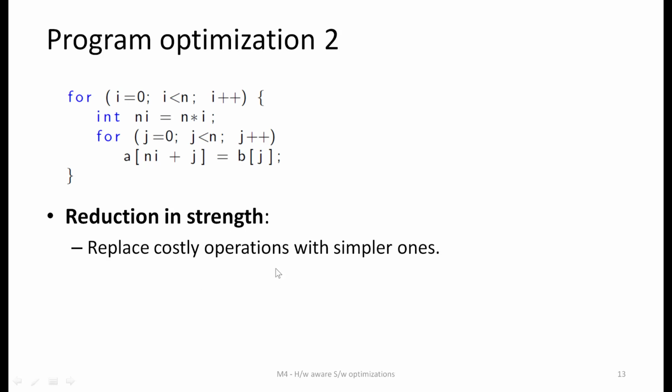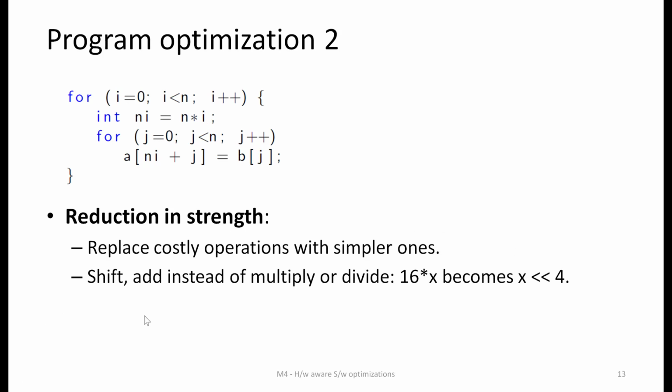As you are aware, a multiplier and a divider would be much slower when compared to an adder or a subtractor or shifter, the actual hardware. So whenever we can, we should avoid such costly instructions and try to replace them with a simpler instruction like shift or add. For example, if you want to multiply an element x with 16, we can probably left shift it by 4 instead of using the actual multiplication. This will be much faster than using the multiplier in the hardware.